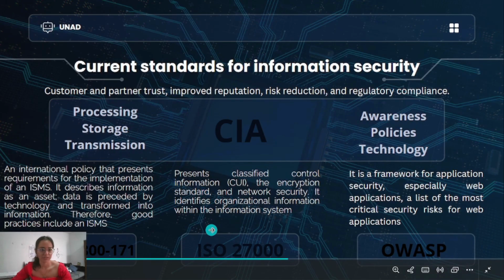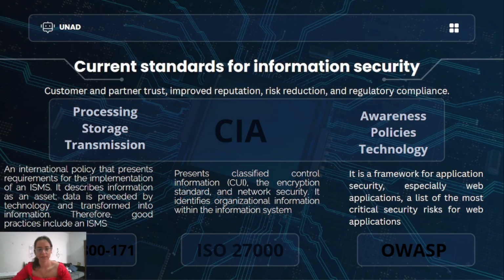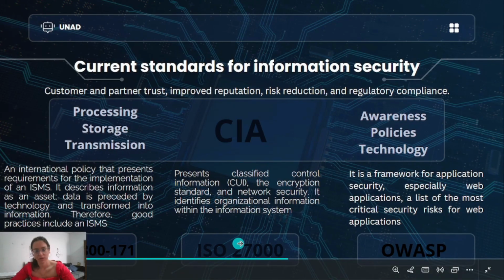Some of the benefits of this standard are processing, storage, transmission, the triad of confidentiality, integrity, and availability, and awareness, policy, and technology. There are some important benefits of applying this standard, especially ISO 27000.